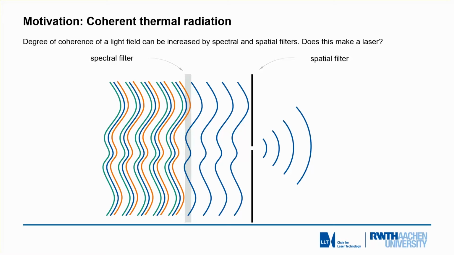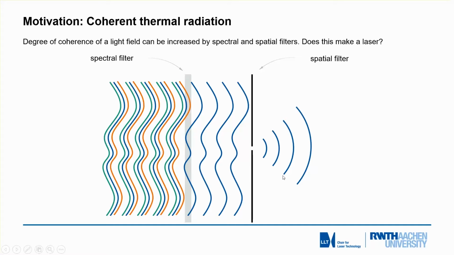As a motivation, we know if we have a thermal source with a lot of wavelengths, broadband emission, and a very random phase distribution in space, then we can select longitudinal coherence by a corresponding frequency filter, and we can increase spatial coherence by a small slit, in which we then only take very small parts of the phase fronts.